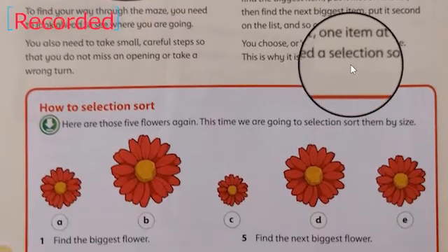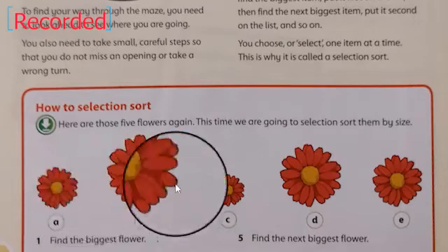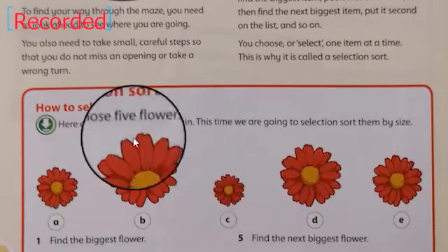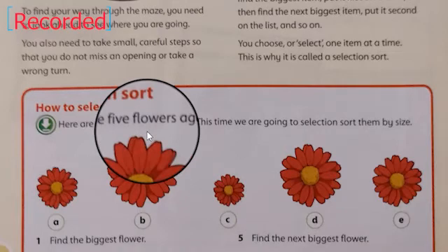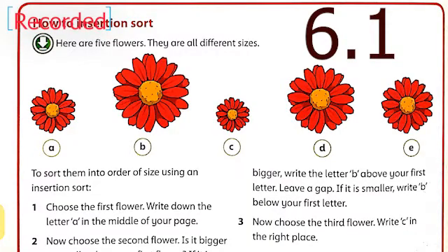As you can see here, we have these flowers. Here are those 5 flowers which were in our first lesson as well, in 6.1 insertion sort. What we did in the first lesson was arrange them accordingly.